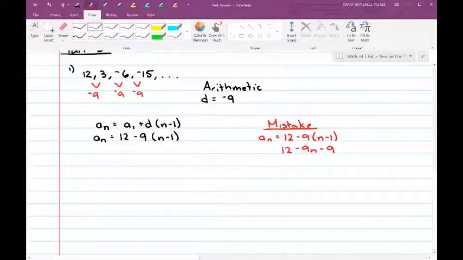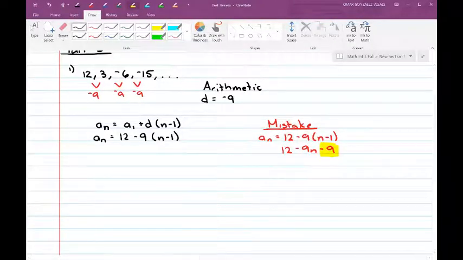What's the mistake there? I want to say about 3/4 of you guys did this. And that's a small mistake that can be easily fixed. Do you guys agree with that? Because that's not a -9. That should be a what? That should be a +9. So this right here, that's the mistake.